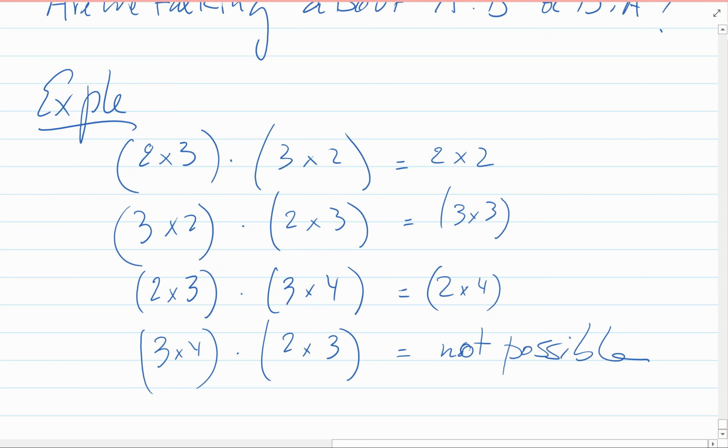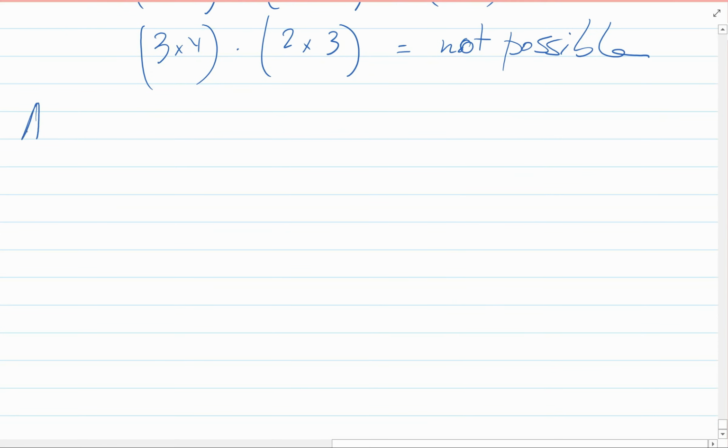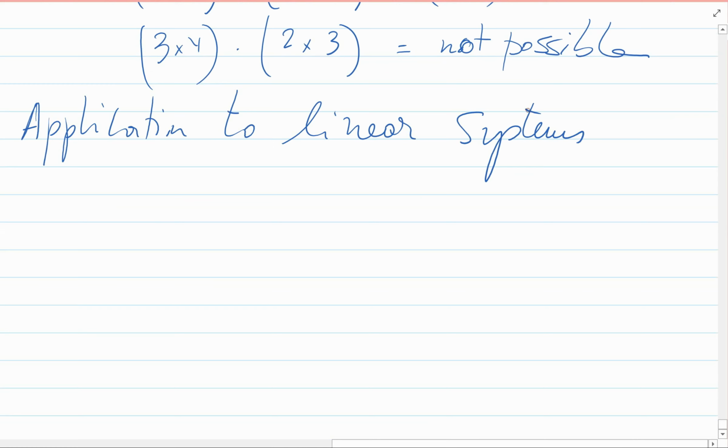Okay, now let's use this product and apply it to systems. Application to linear systems. That's how we started this lecture. So what do we have?